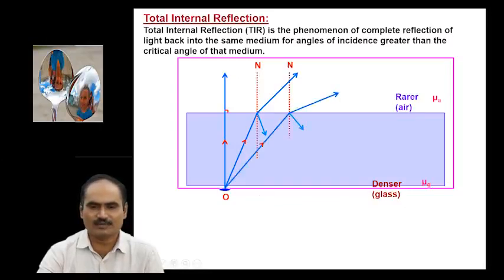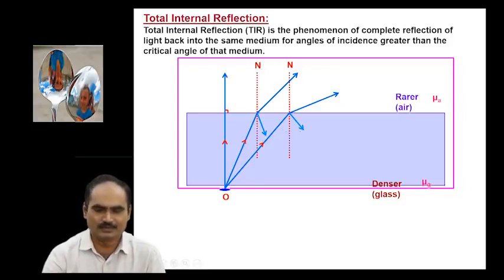In the same manner, let the angle of incidence increase a little. This angle is I1, and this angle is I2, so I2 is greater than I1.